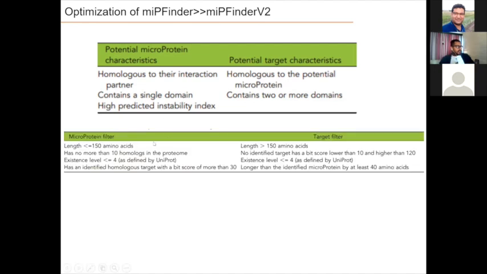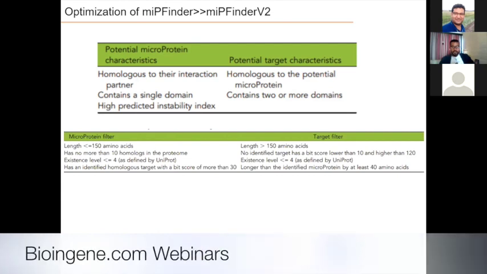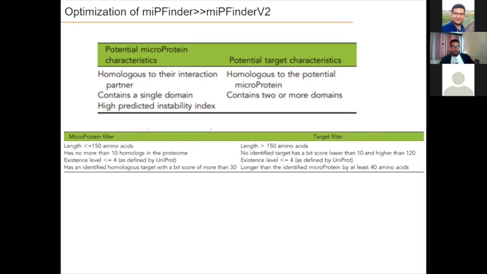And then we made a filter of length less than or equal to 150 amino acids, and not more than 10 homologs in the proteome, because plant genomes are really complex sometimes, thanks to polyploidy or evolutionary recombination events.